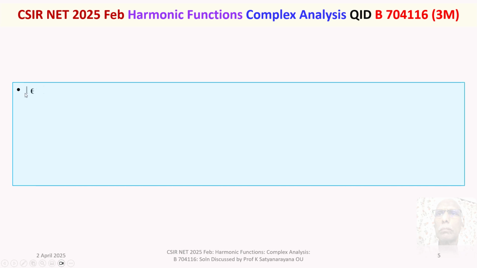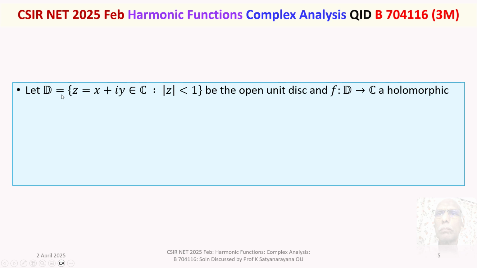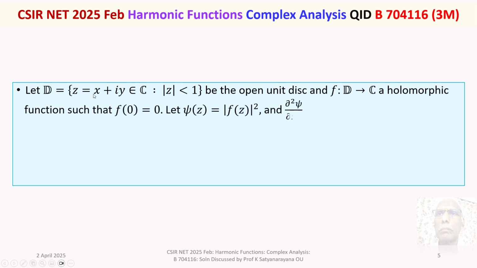The given question is: let D be the set consisting of z equal to x plus iy, which are complex numbers, such that mod z is less than 1, the open unit disk, and f be a map from D to C, which is a holomorphic function such that f of 0 is equal to 0.